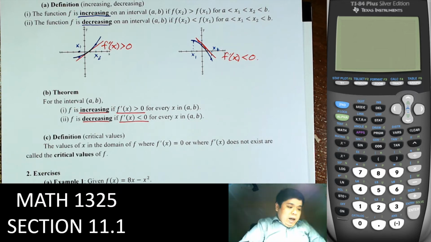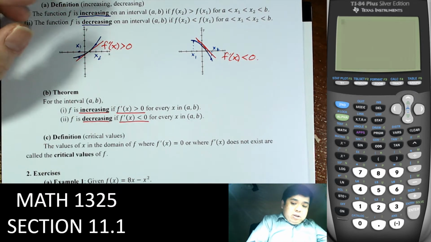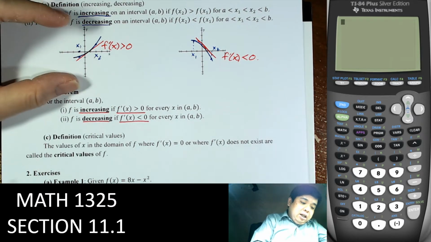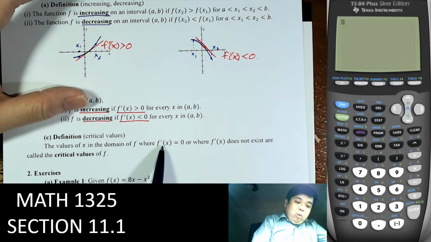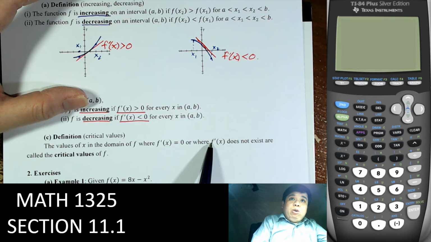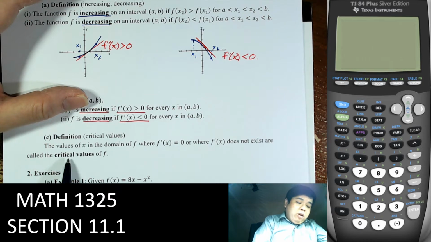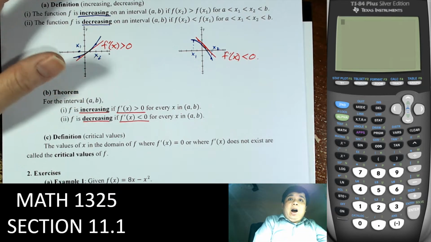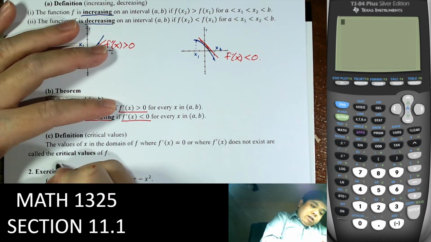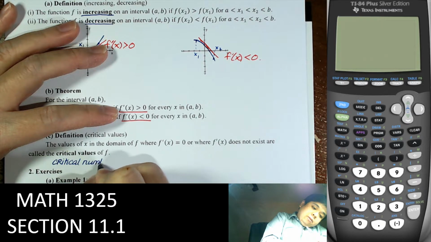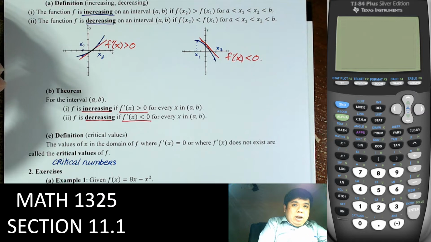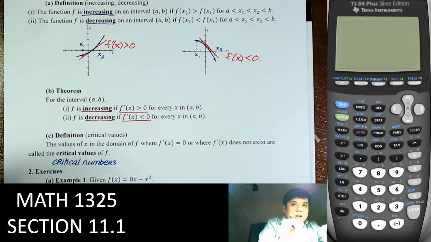Right. Next, we define critical values. Values of x in the domain where the derivative equals 0 or the derivative does not exist are called the critical values of f. All the books use critical number, and all the books use critical points, but I will reserve the term critical points.